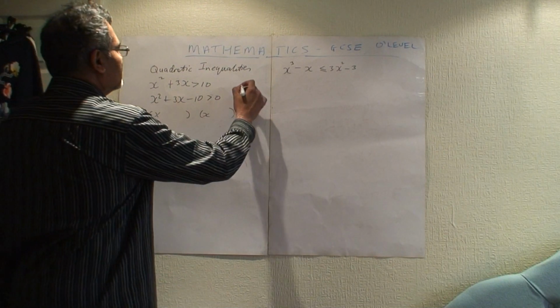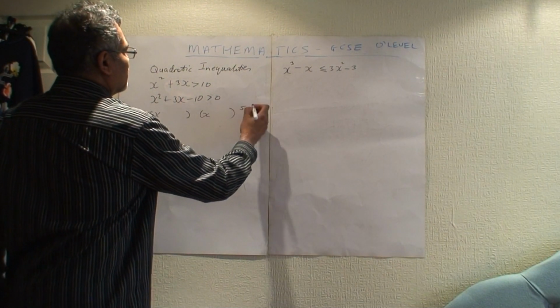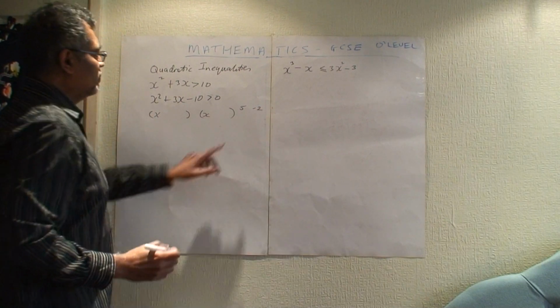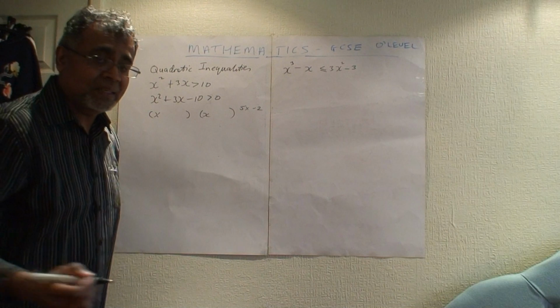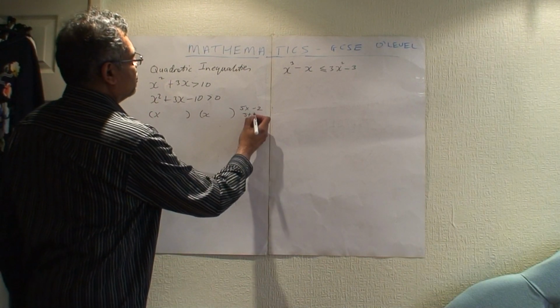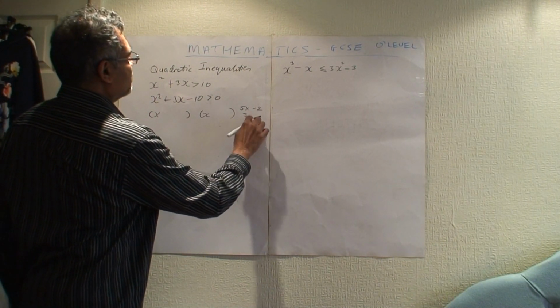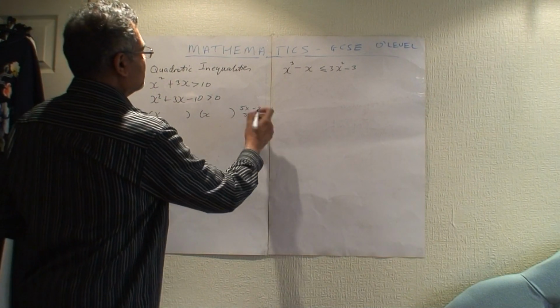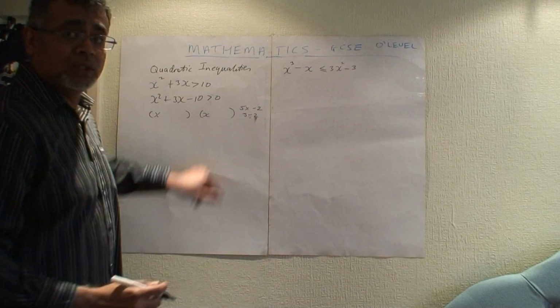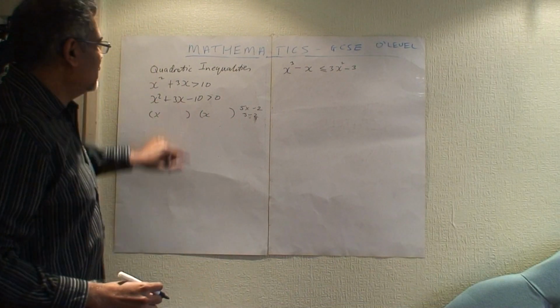That is 5 and minus 2. So 5 multiplied by minus 2 gives us minus 10, and 5 minus 2 gives us 3.